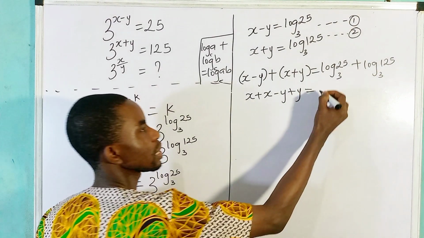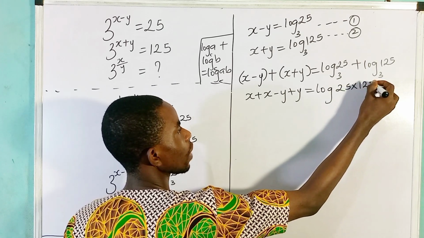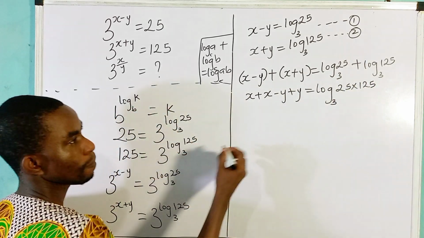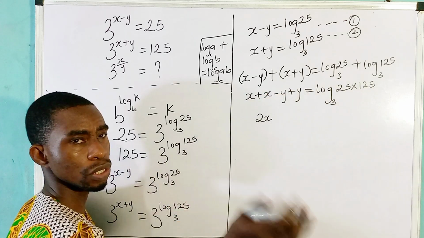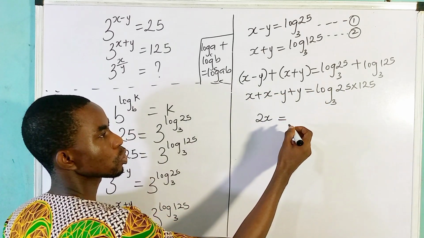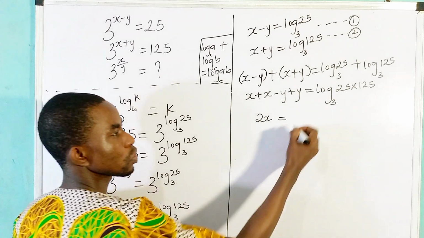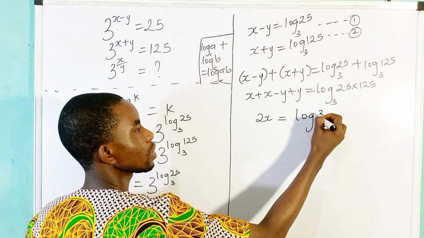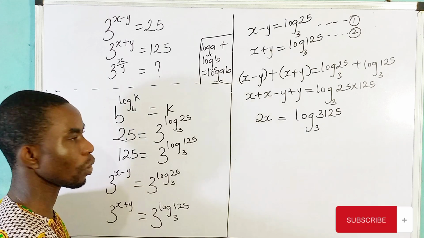So it means that it's the same thing as log 25 times 125 base 3. So x plus x is 2x, minus y plus y is 0. So it's equal to 25 times 125, which is 3125. So this will be log 3125 base 3.